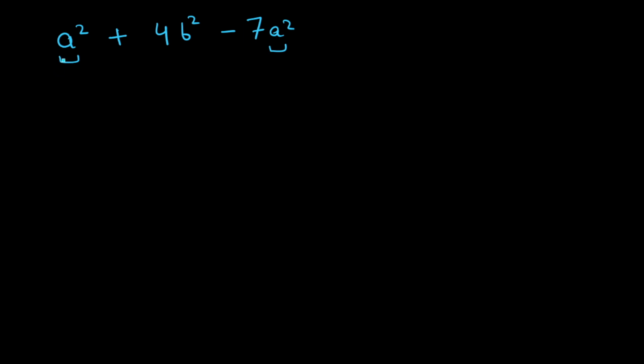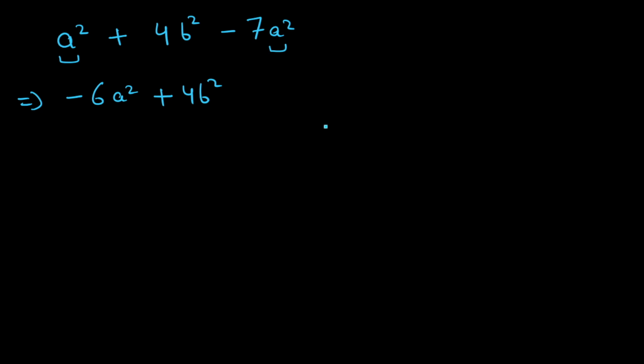So first we will simply solve a squared and 7a squared. So a squared minus 7a squared will give us negative 6a squared plus 4b squared. We have nothing to combine with 4b squared, so we simply write it as it is.